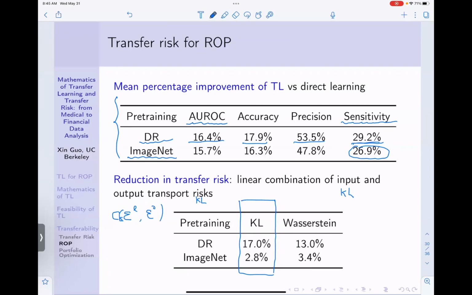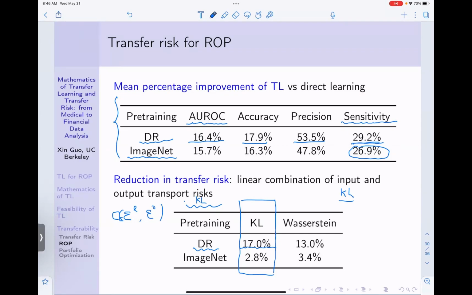If I take this as a linear combination of the KL with some appropriate parameters, then I can show that even in DR there's a transfer risk improvement, a reduction of the risk, which is the improvement of the performance, consistent with the medical criteria. So this is really a sanity test to show that the mathematical framework we established here is consistent with the classical practice where people use the various medical metrics.